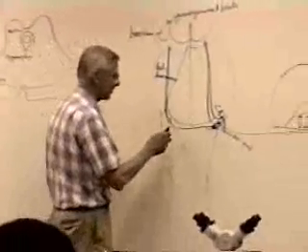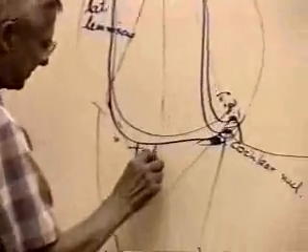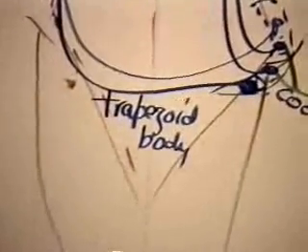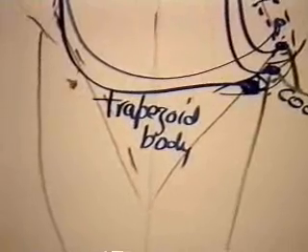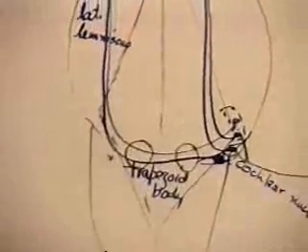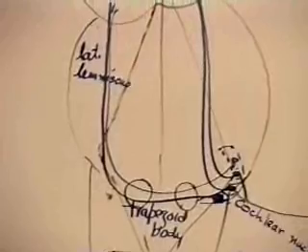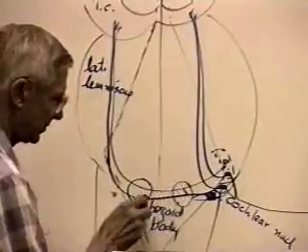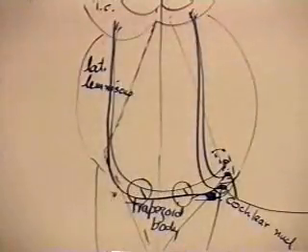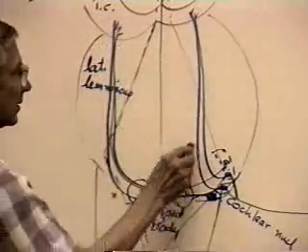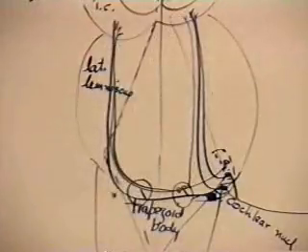This crossing bundle of fibers is known as the trapezoid body, and it has a pair of nuclei that receive collaterals from the cochlear projection, and it gives rise to fibers that join the lateral lemniscus on their way up to the inferior colliculus.